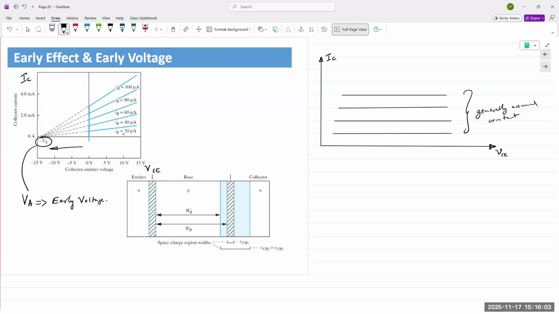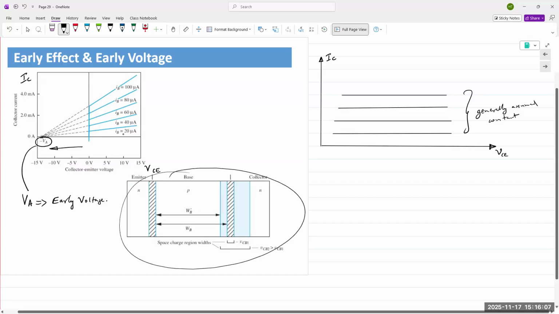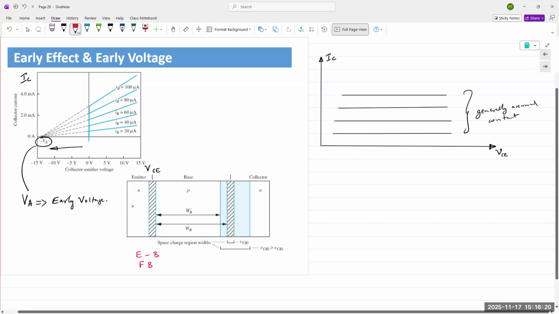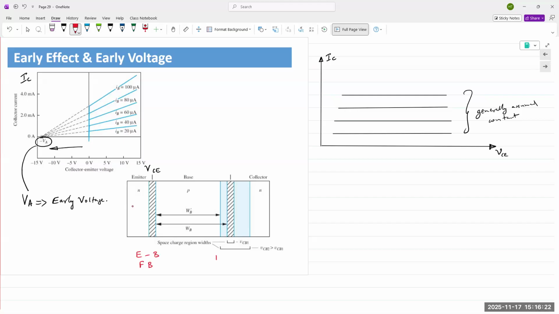Okay. What is actually happening here is we have a BJT, we forward bias the emitter base junction. So the emitter base junction is forward biased. And then you have the collector base junction that is reverse biased. Well, what happens when you reverse bias a PN junction?